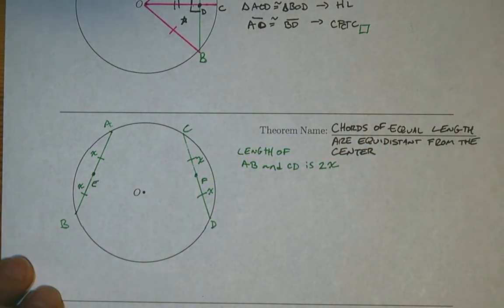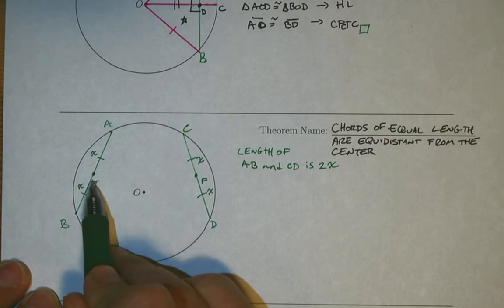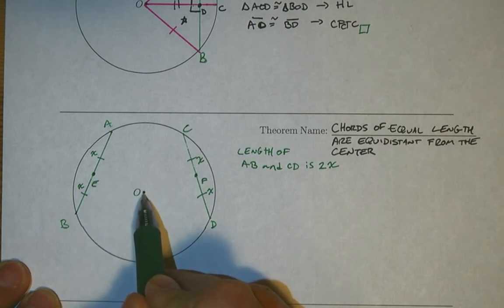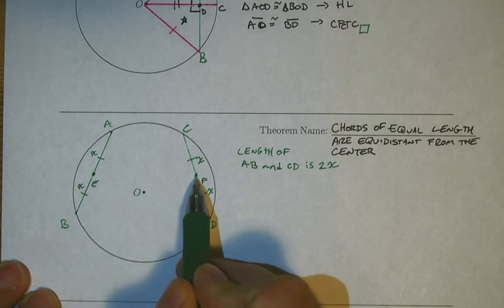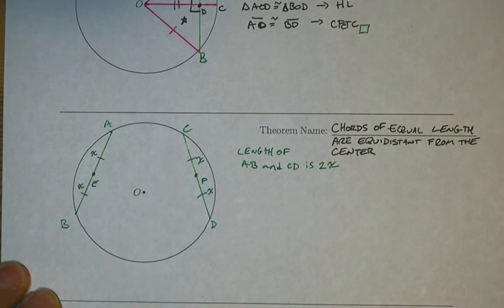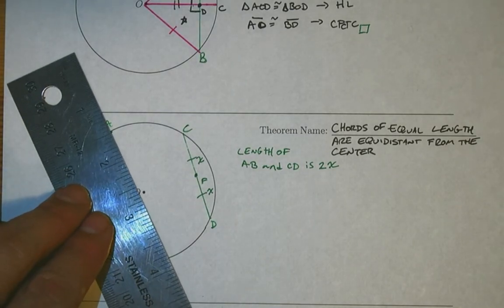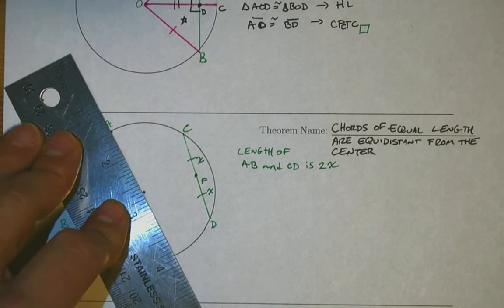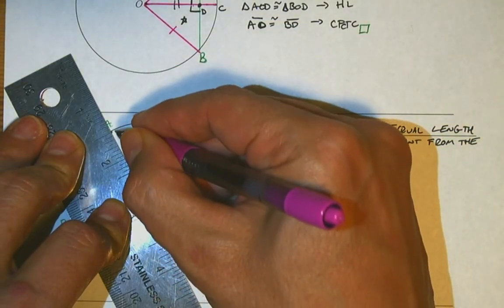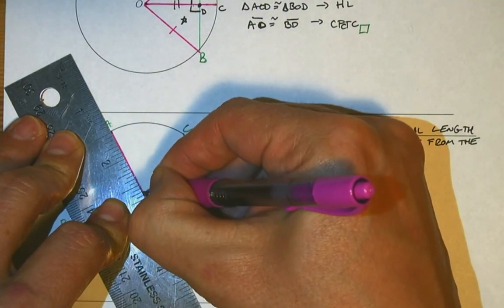And now what we're going to do is we are going to try to show that that means that the distance from O to E is the same as the distance from O to F. We want to show those two distances are the same. So we're just going to start by doing the same technique as we did before. We're going to draw in a radius.